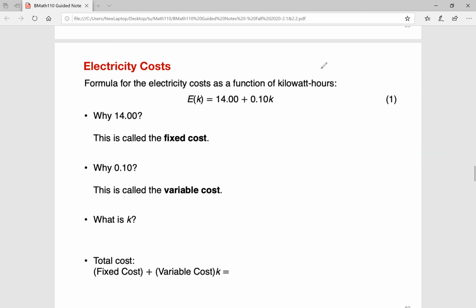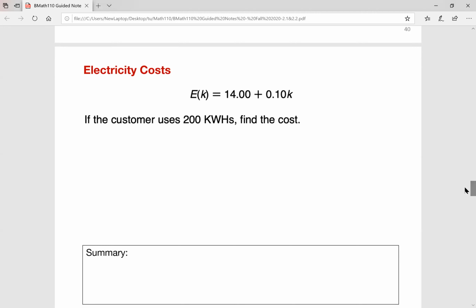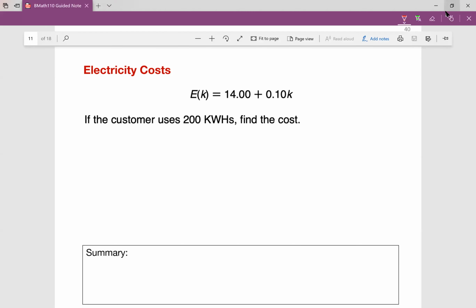Actually, you know what? I'm going to use my silver pen instead. For the electric cost, with the equation E(K) equal to 14 plus 0.1K, if the customer uses 200 kilowatts, find the cost.